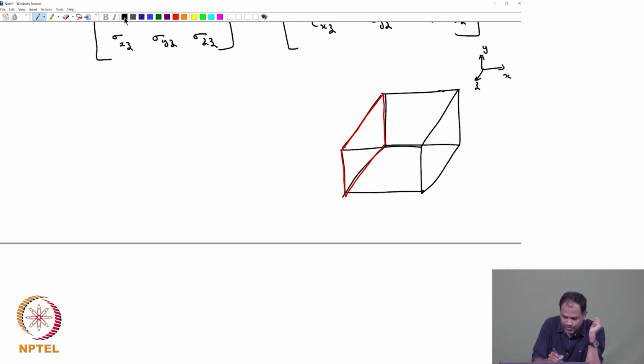So, there I have sigma xx. Sigma xx is acting on that side.